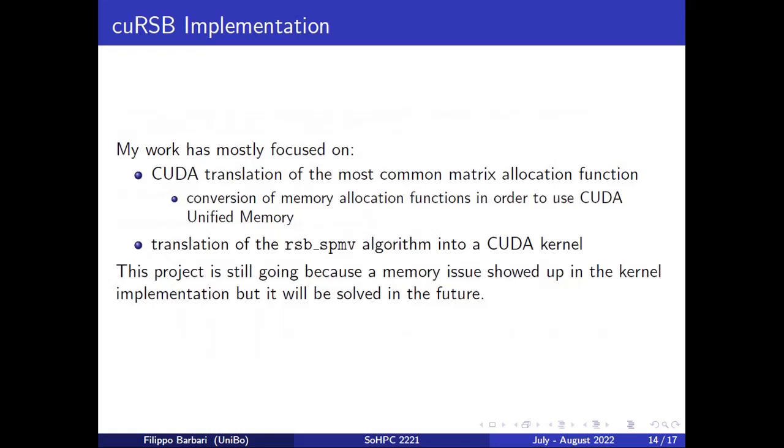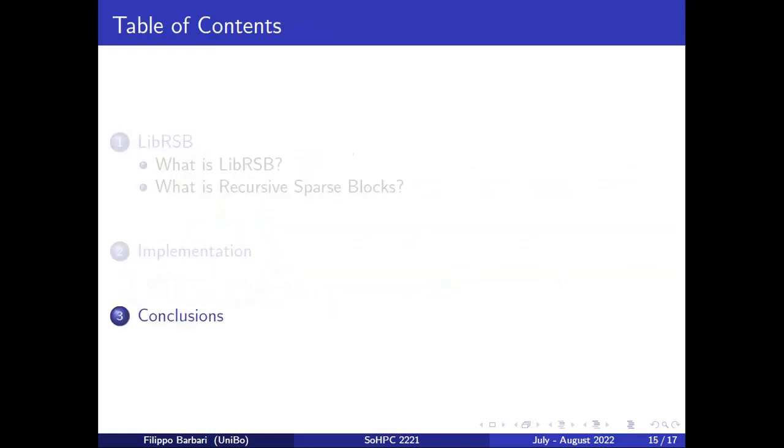After that, I started implementing the SPMV algorithm, translating it into a CUDA kernel. Unfortunately, at the time of this recording, there's a memory issue in the CUDA kernel, so I'm not able to show you any results, but I will fix this issue in the future.